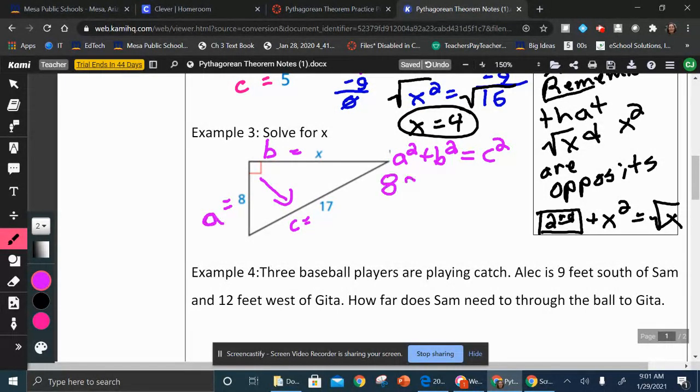So 8 squared plus x squared is equal to 17 squared. Okay. And then 8 squared is 64. 17 squared is 229. Sorry, 89. Okay. And then we're going to subtract 64 from each side.